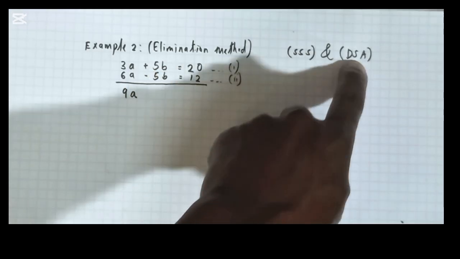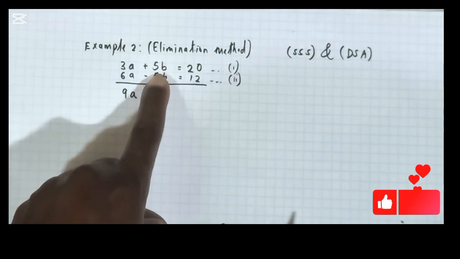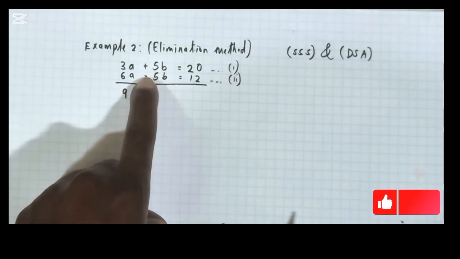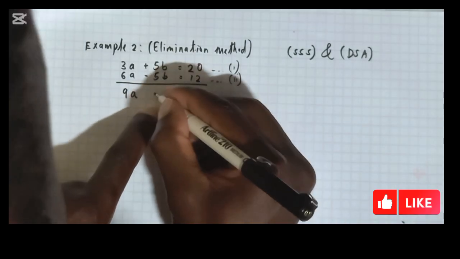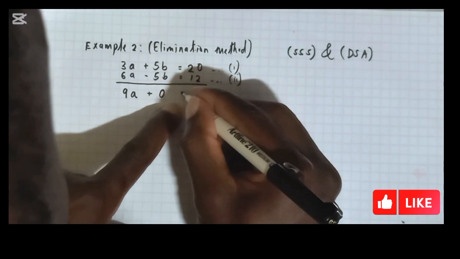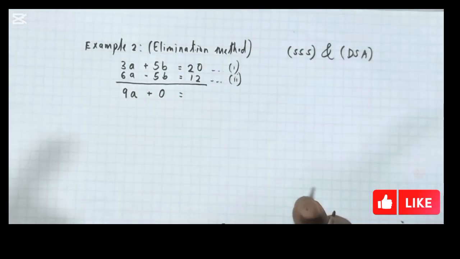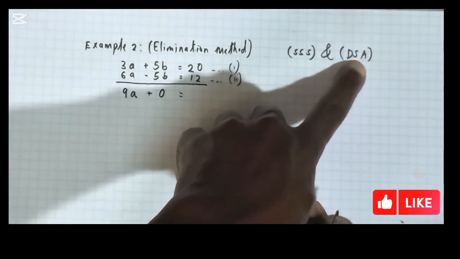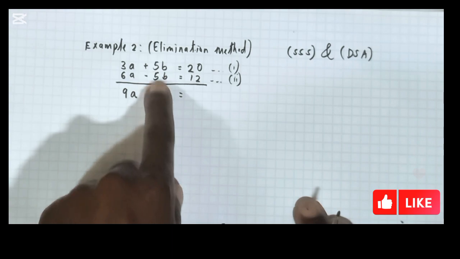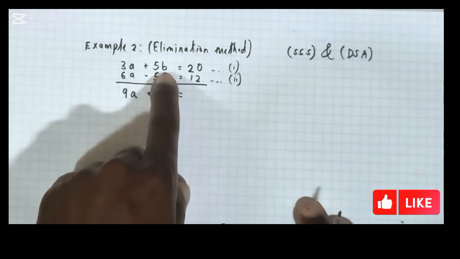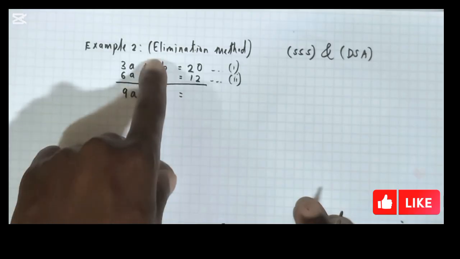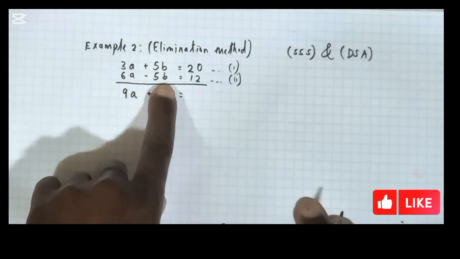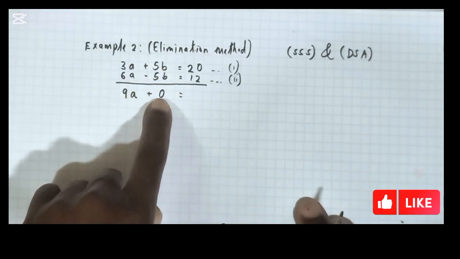Since the coefficients of b were of different signs, we add, and 5b minus 5b gives us 0.